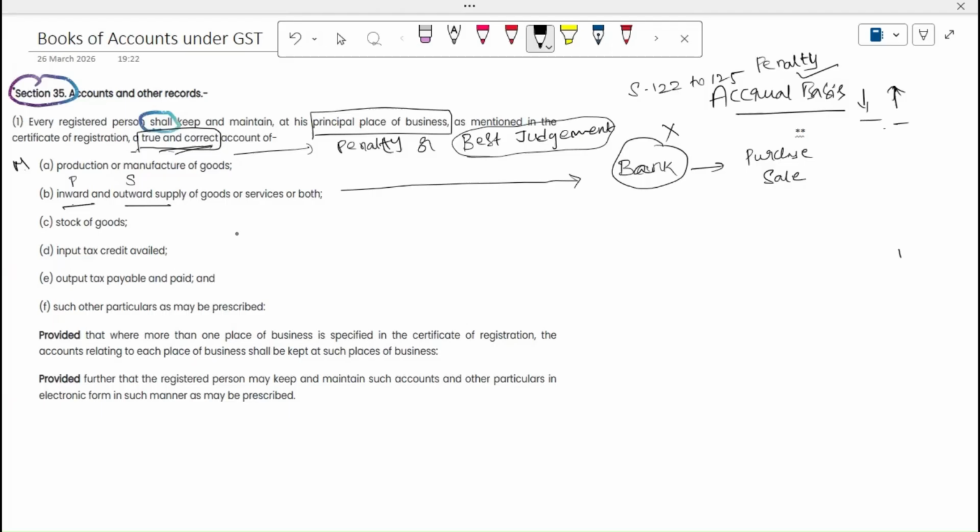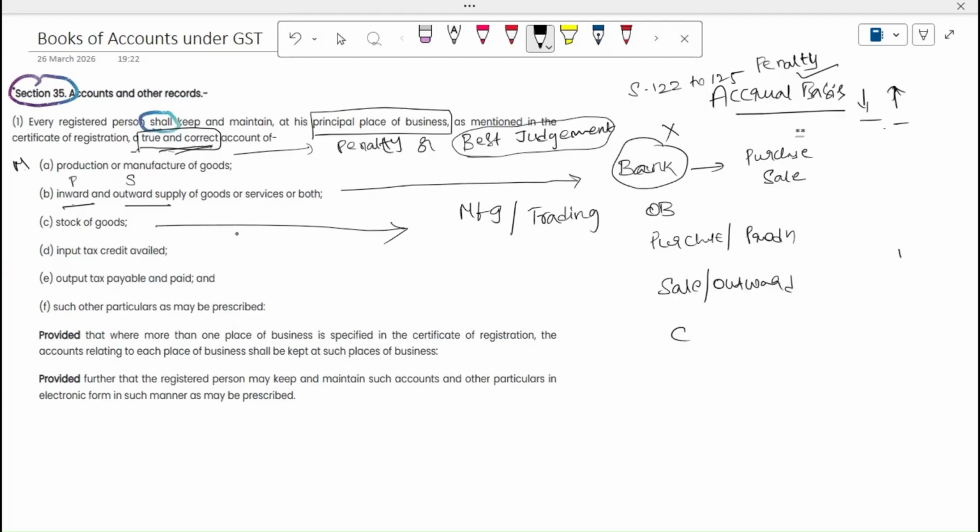Then stock of goods. Now this is a little important, stock of goods. When we talk about a manufacturing activity or a trading activity, we need to maintain opening stock, purchase or production, sale or outward, then closing balance.